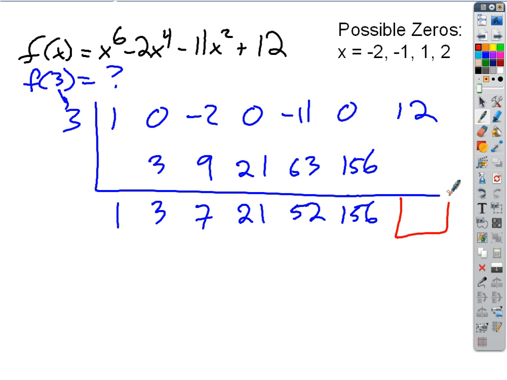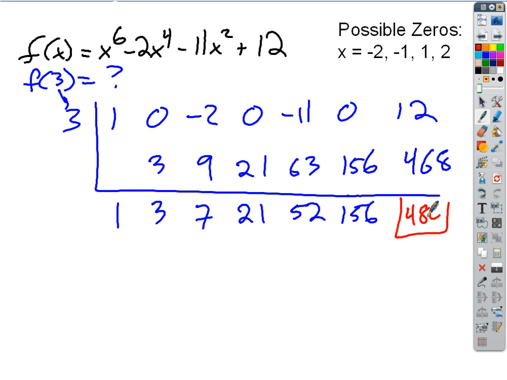What's 3 times 6? 18. Okay, so then it'd be 450 plus 18. Plus 12. Yep. Plus. What's that? 480. Yeah. Okay, so that tells us that the y value, when x equals 3, the y value is 480.